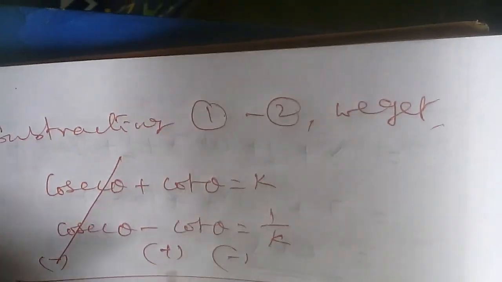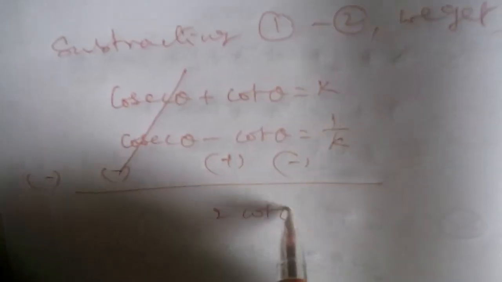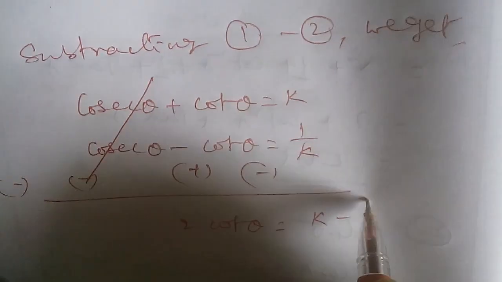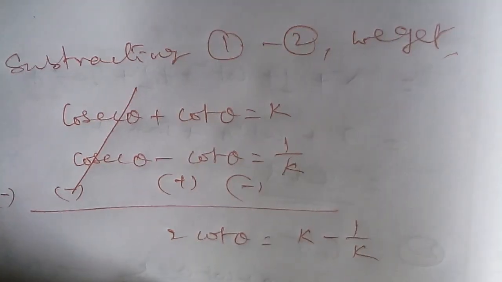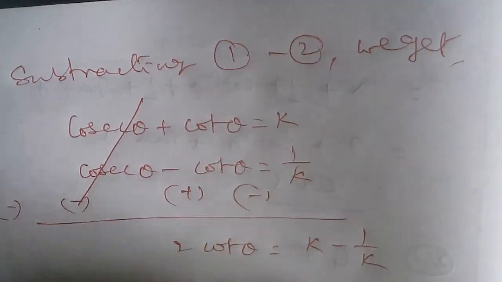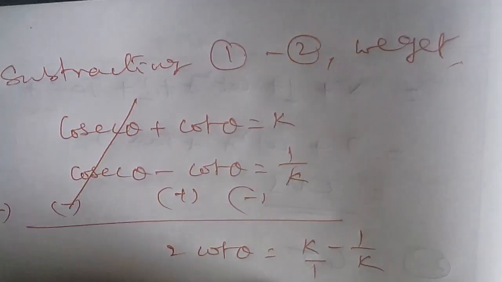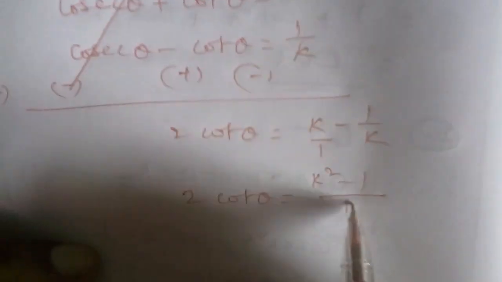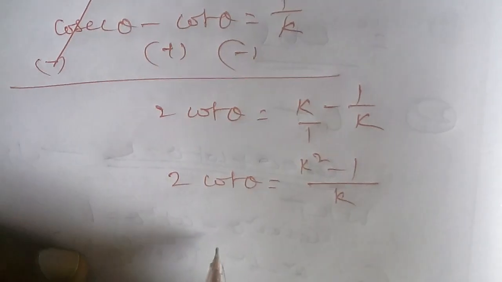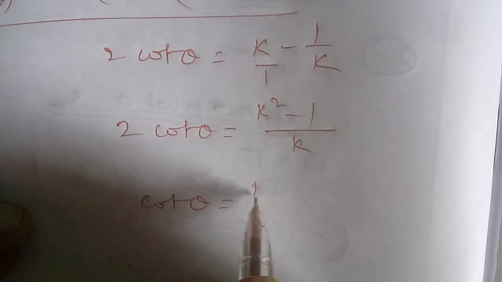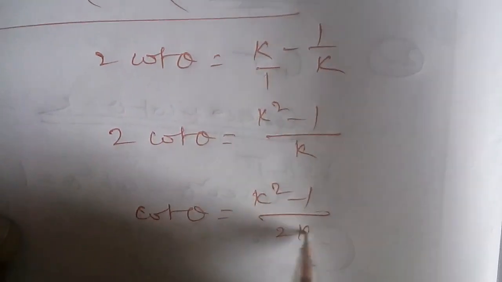So plus minus cancel, 2 cot theta is equal to k minus 1 by k. So 2 cot theta is equal to k square minus 1 by k. I am sending 2 to the right hand side. Cot theta is equal to k square minus 1 by 2k, which is equation 4.